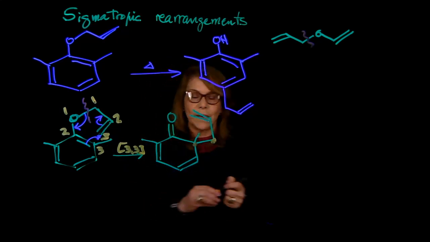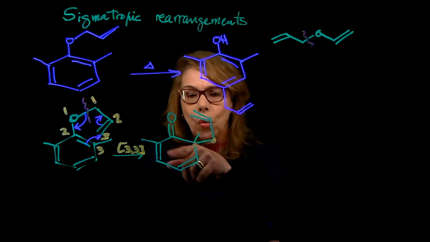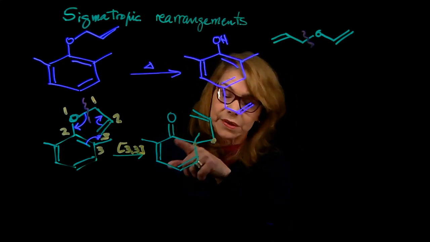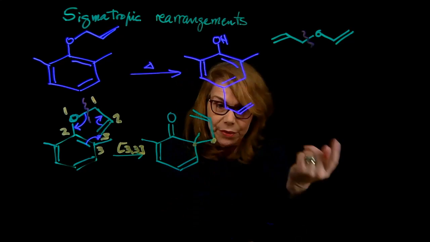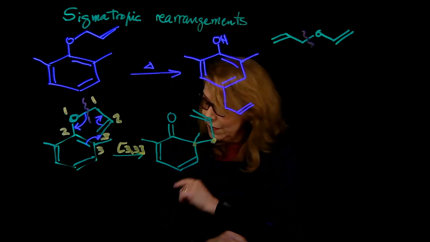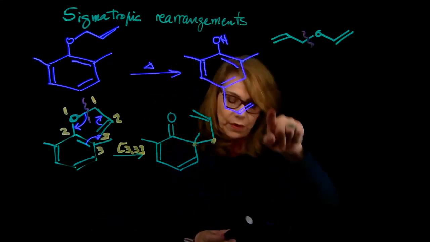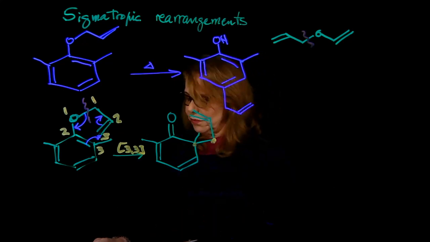That's what we did. Now notice that this group is at the bottom. We cannot do the tautomerization step we did before because this is a methyl group. In a previous problem, we had a hydrogen here and we had produced a phenyl. So now, since we have that group over there, we need to propose another rearrangement.